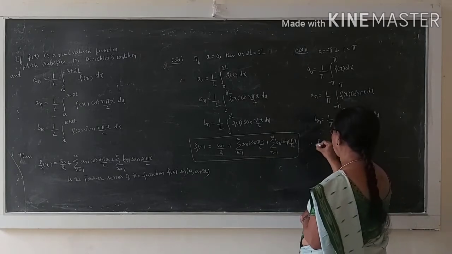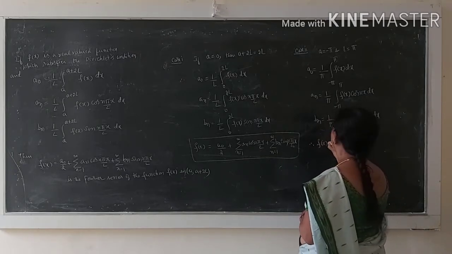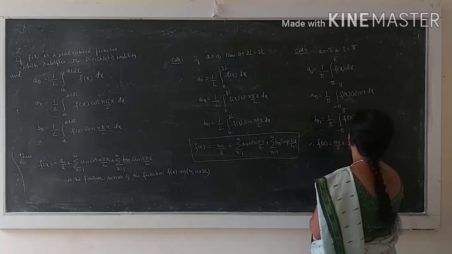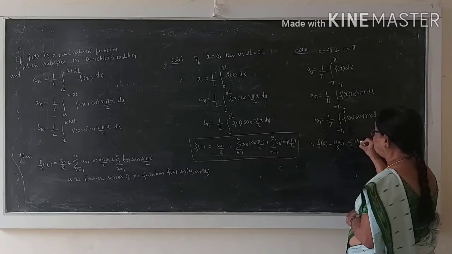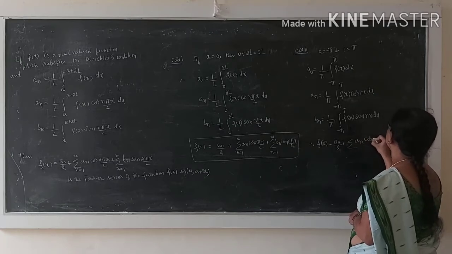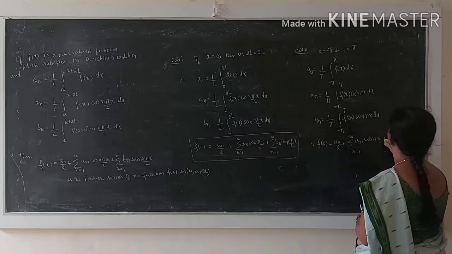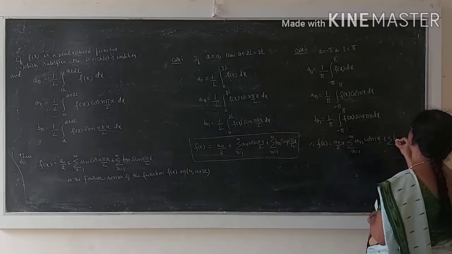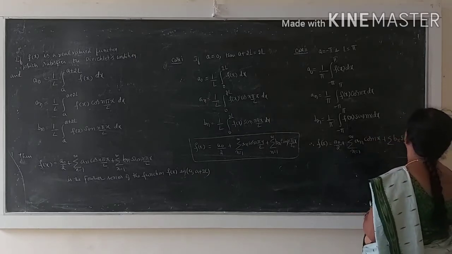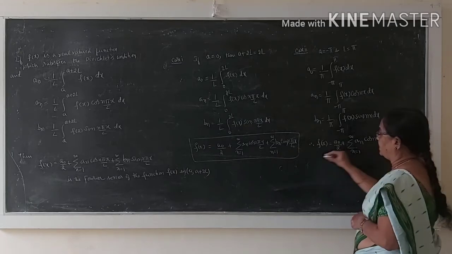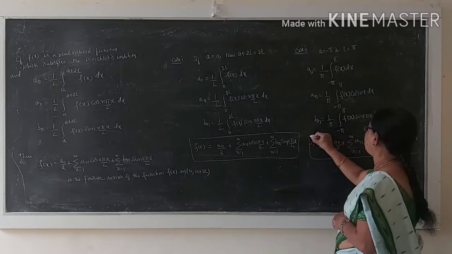Therefore, f(x) = a0/2 + summation an cos nx, where n ranges from 1 to infinity, plus summation bn sin nx, where n ranges from 1 to infinity.